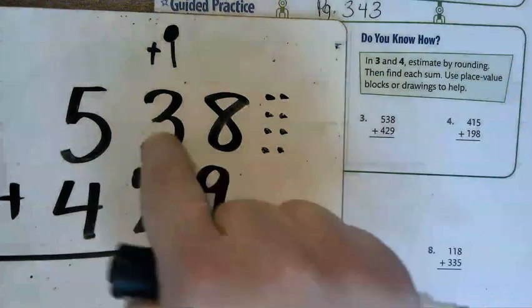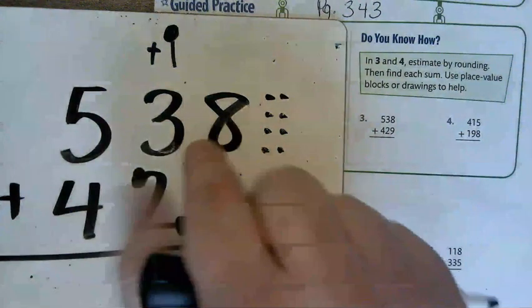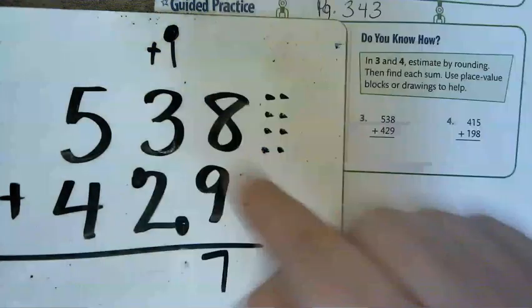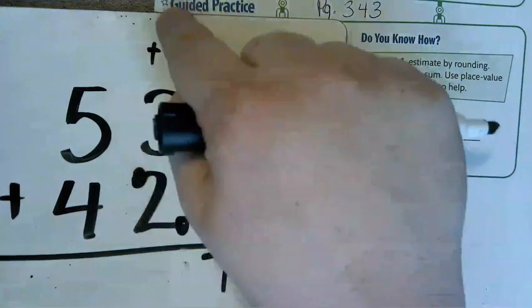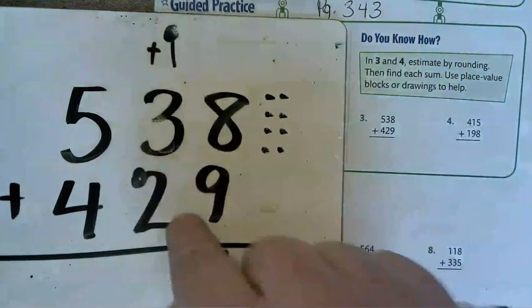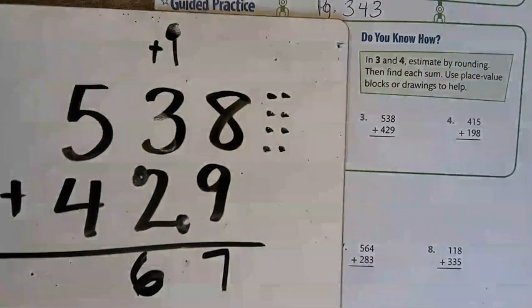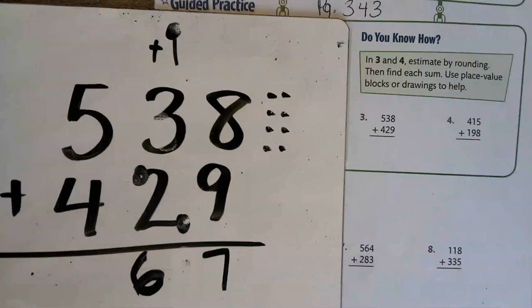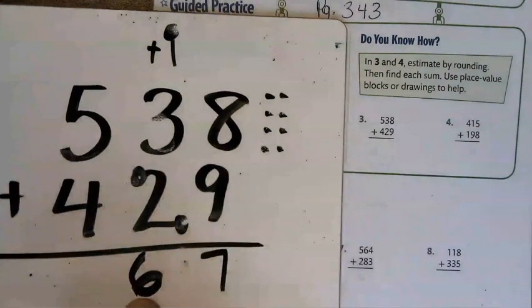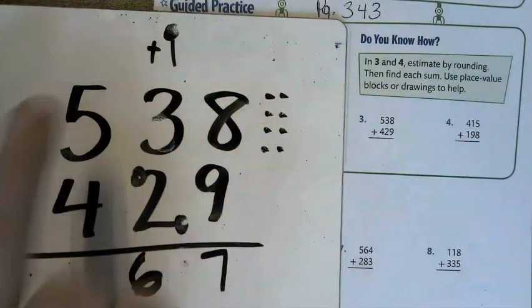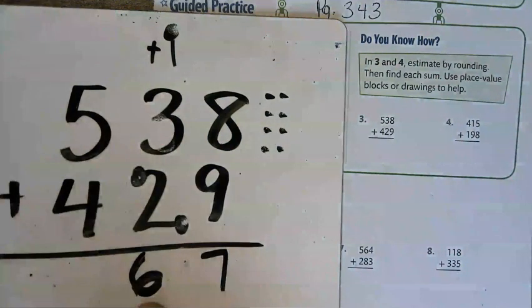I touch the number that is my largest number first, and then I go from the top down. So 3, 4, 5, 6. Now, can I just write a 6 in this place value? You better believe it. We can write a 6 there because there's only one digit here. I don't need to regroup because it wasn't large enough.